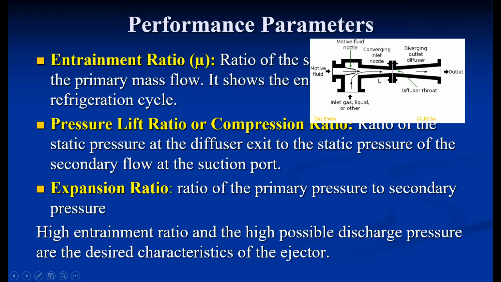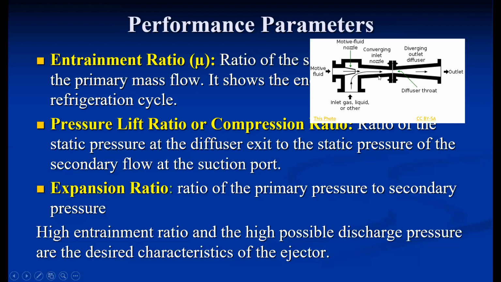So the third parameter is the expansion ratio. This expansion ratio is the ratio of primary pressure to the secondary pressure, so the pressure at this point to the secondary pressure. This is a driving force. So the higher the pressure ratio, the higher is the entrained fluid. High entrainment ratio and high possible discharge pressure are the desired characteristics of the ejector.